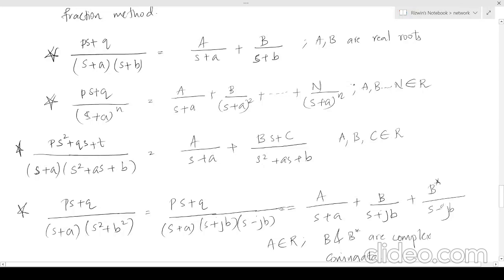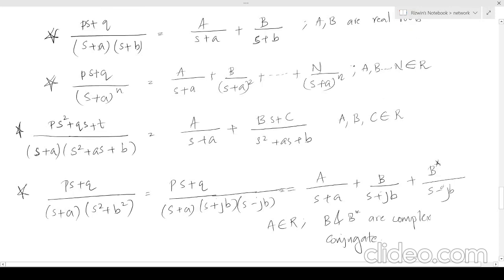So when there is a term in the denominator with power n, we should split it into n terms like this, starting from power 1 up to n, having a constant in the numerator, A, B, etc. So ps plus q by s plus a all raised to n can be written as A by s plus a, plus B by s plus a all squared, etc., plus N by s plus a all raised to n, where A, B, etc., N are real numbers. So this is another form having nth order for the denominator term.